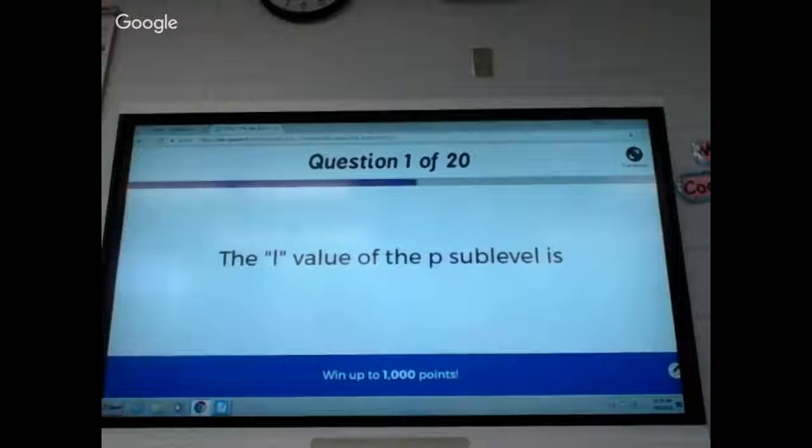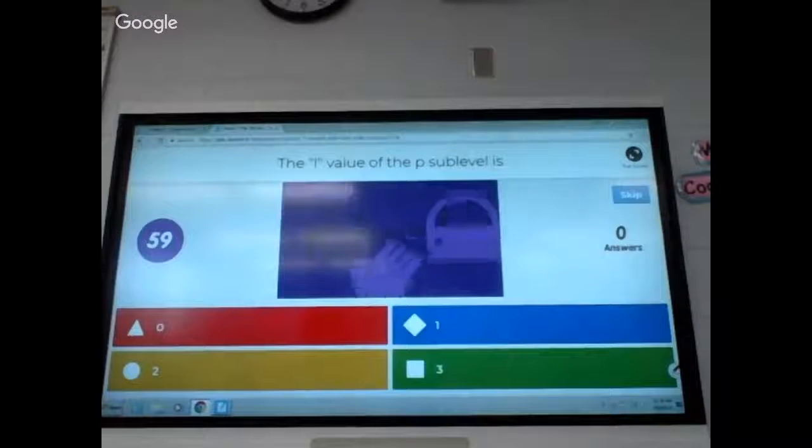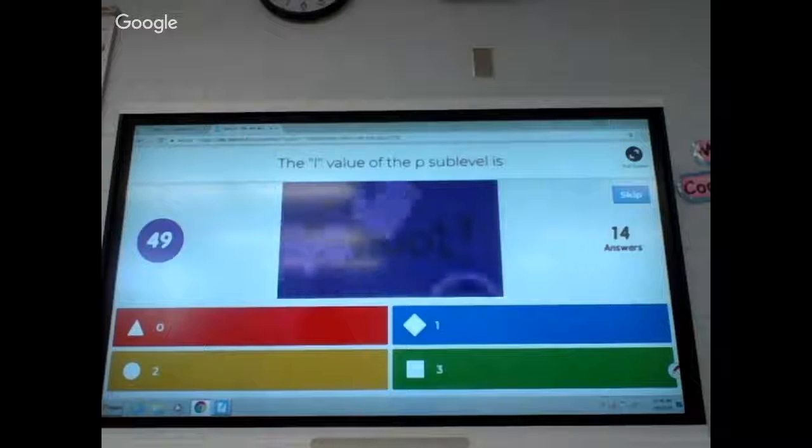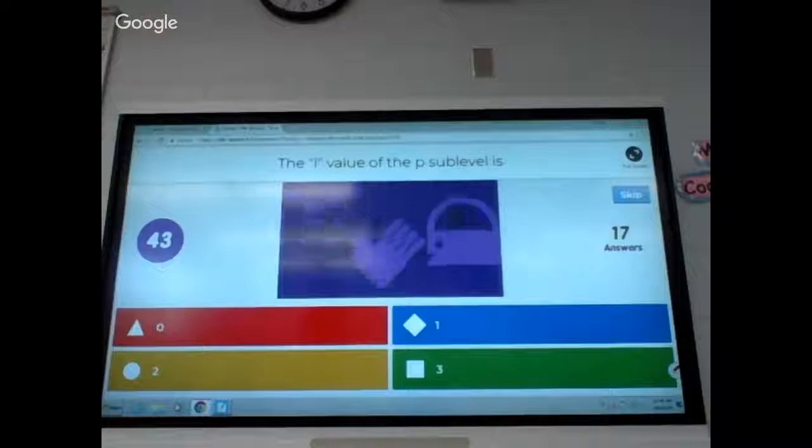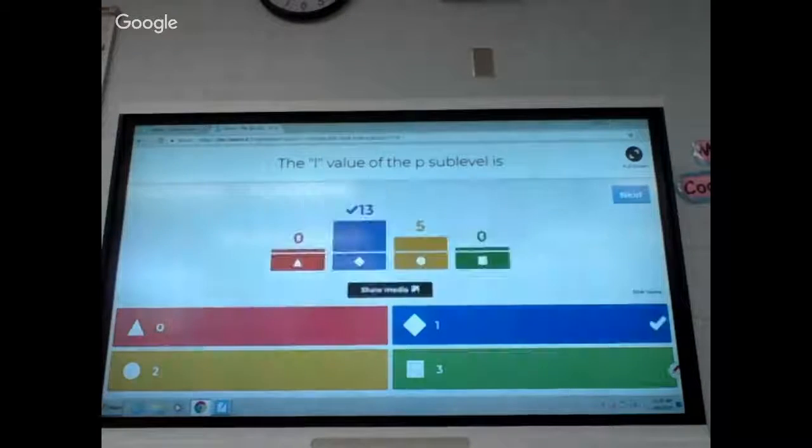The L value of the P sublevel is... Oh, how do I do this? I can't continue until everybody answers.